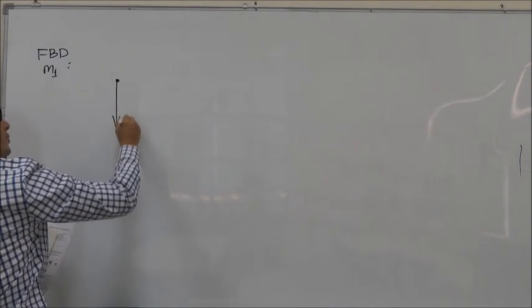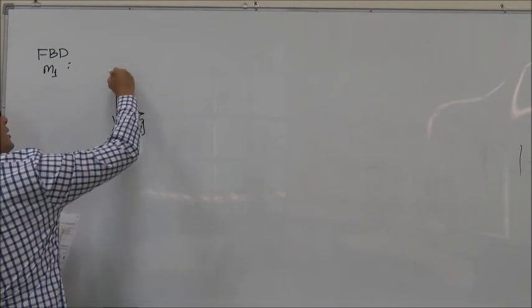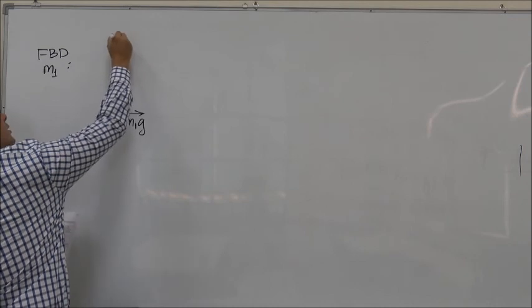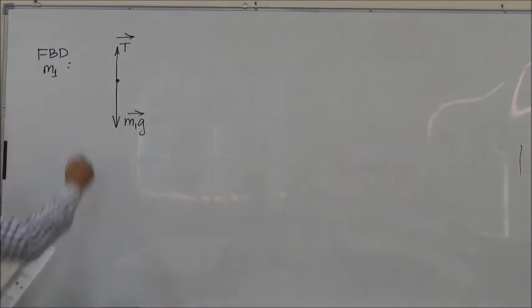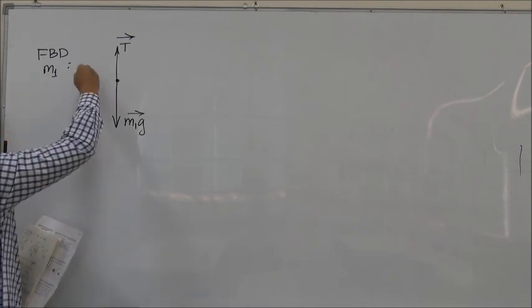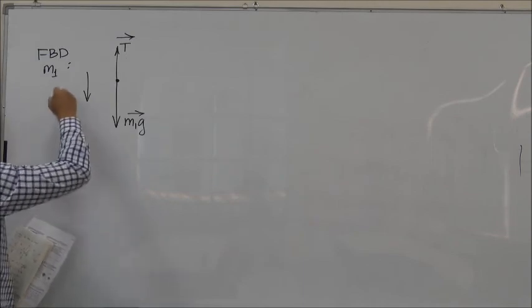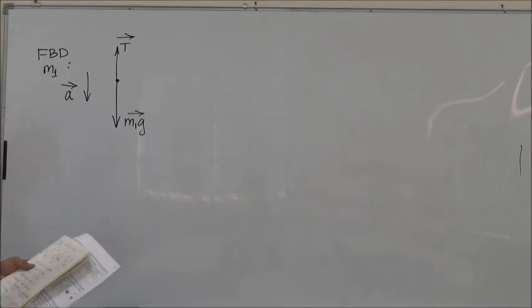There is a gravity force pulling it downwards, so M1G, and then there is a tension force pulling it upwards. And if the system is moving, it will obviously be moving this way, so the acceleration is pointing downwards here because mass M1 is bigger.